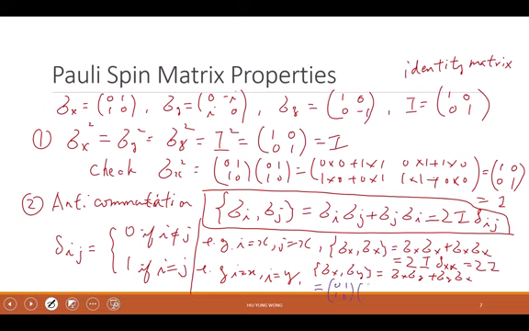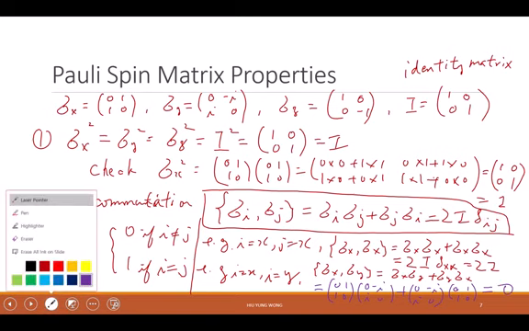What is sigma y? 0, negative i, i, 0, right? Just look at the top. And then 0, negative i, i, 0 for sigma y, and then 0, 1, 1, 0. Okay? Do some calculation. You will find that this equals 0, which is just equal to delta ij, right?